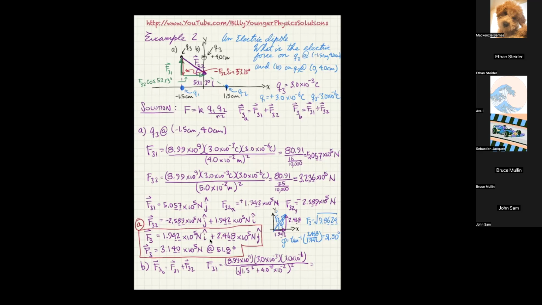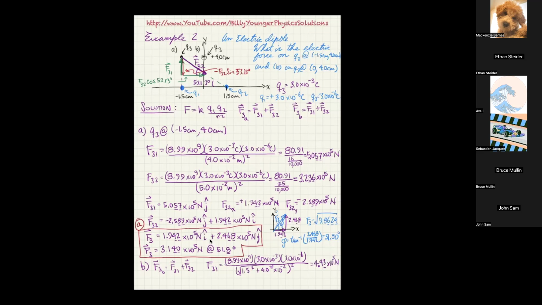And that takes the place of squaring everything. So I get 4.43 times 10 to the 5th. That's one extra sig fig this time, and that's plenty for me.